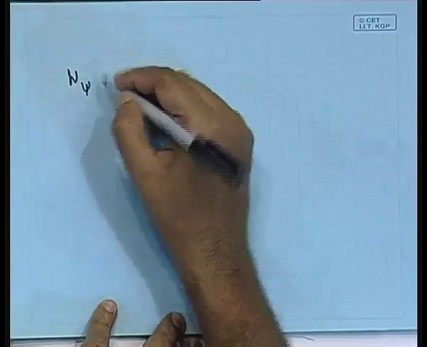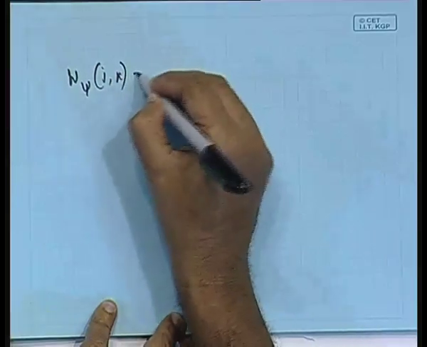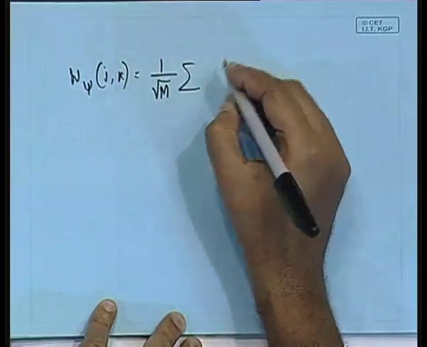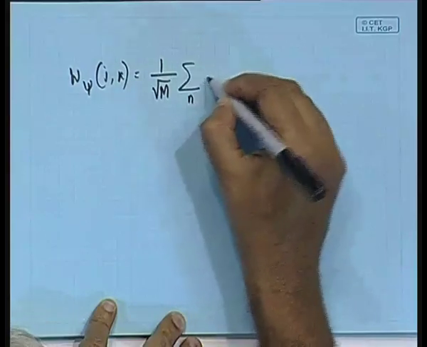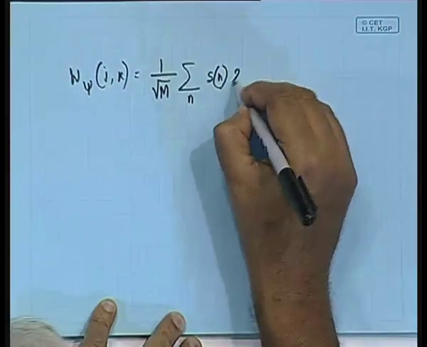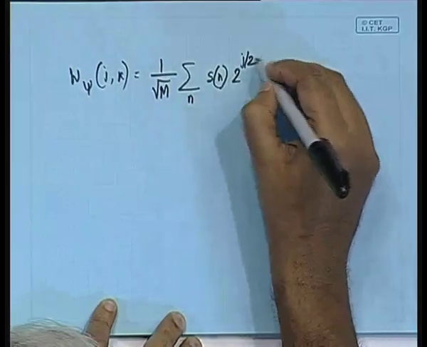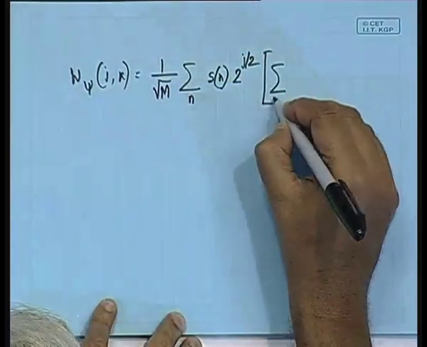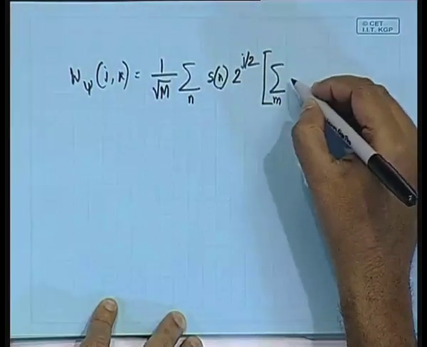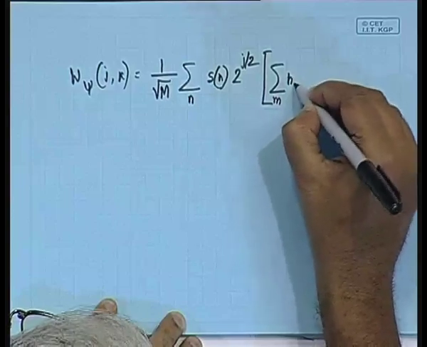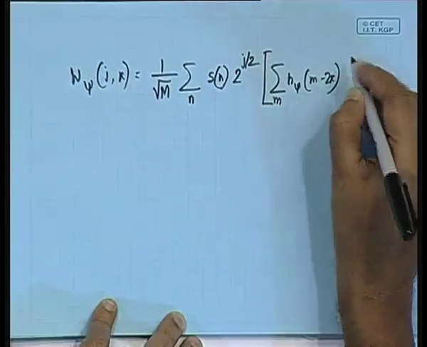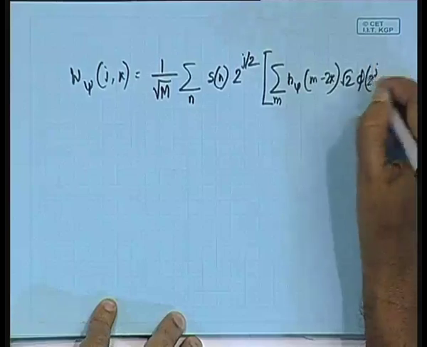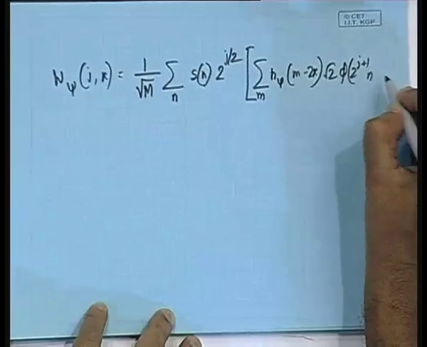W psi j k should be obtained as 1 by root over m summation n into S n 2 to the power j by 2, and now instead of psi of 2 to the power j n, the new form that we wrote, that is to say summation m over m h psi m minus 2 k into root over 2 phi of 2 to the power j plus 1 n minus m.